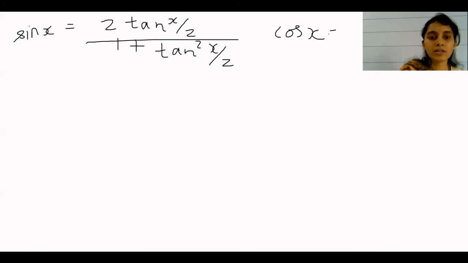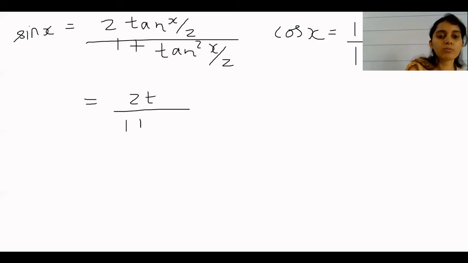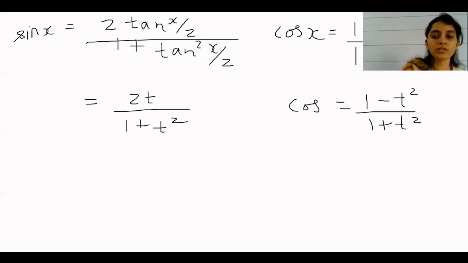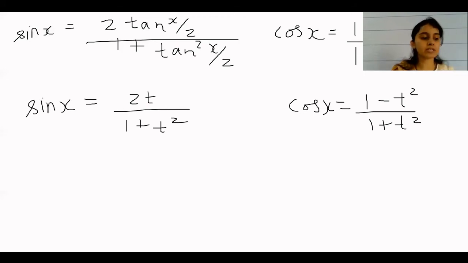What is that? 1 minus tan square x by 2 upon 1 plus tan square x by 2. So these also can be written in the form of t. You will have 2t upon 1 plus t square, and 1 minus t square upon 1 plus t square. So these are all the substitutions that you would require when you have the sum of the form 1 upon a sin x plus b cos x plus c.